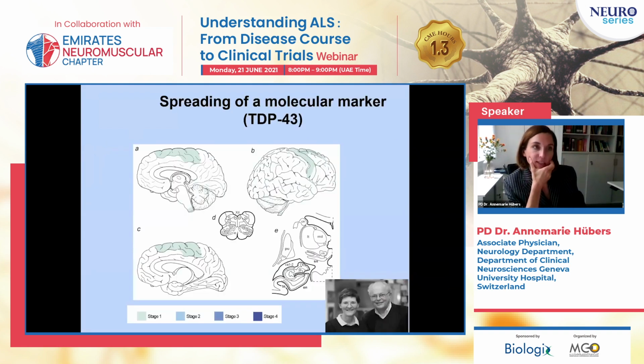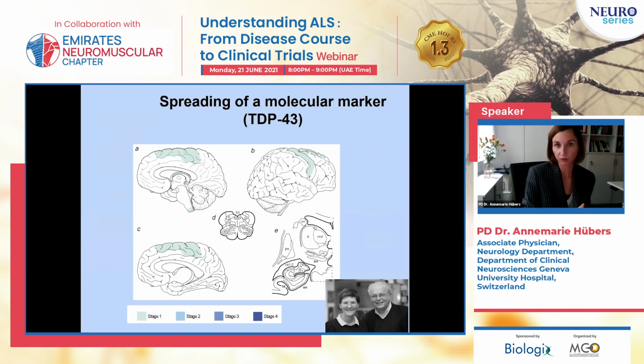Here you can see the picture taken out of an important neuropathological work that has been done by Johannes Brettschneider and Heiko Braak. As you probably know, you find pathological TDP43 accumulation, so that is a misfolded protein, in over 90% of ALS brains.